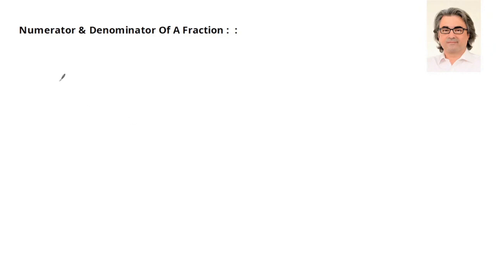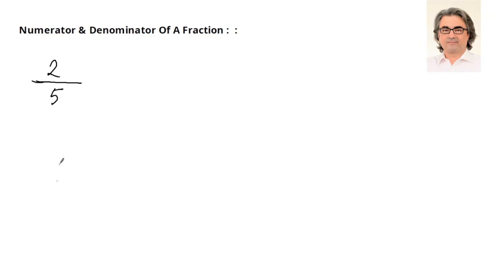Now, let's write a fraction. 2/5. Now I have 2/5 as a fraction, and a fraction has 2 parts, namely numerator and denominator. The number on the top is called the numerator.